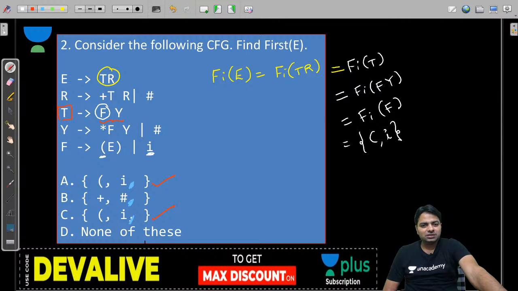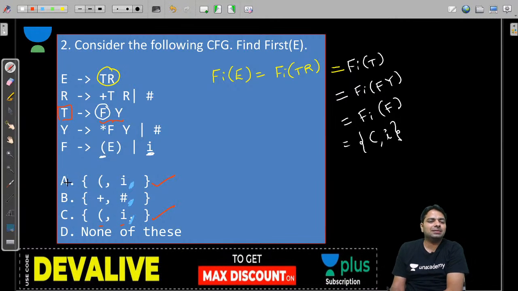I was not able to see the chat so far, guys. Sorry. Satyajit, good evening. Anvesha, good evening. A and C actually have the same terminals, open parenthesis and I, so please choose A and C. Sometimes it could happen because of a typing mistake or because of MSQ. Yeah, A and C, please choose them.